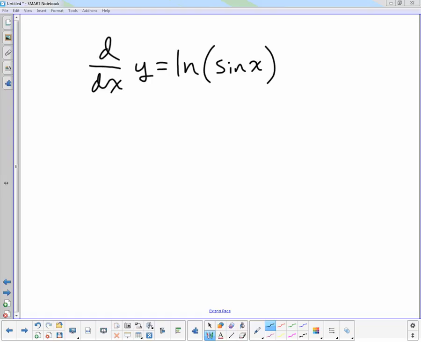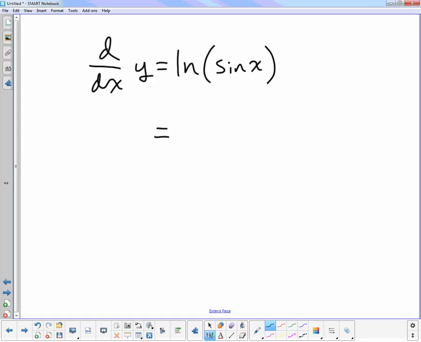So remember, the natural log has the derivative of 1 over x. But now it's not going to be 1 over x, it's going to be 1 over something. The wrapper on the outside is the natural log, right?